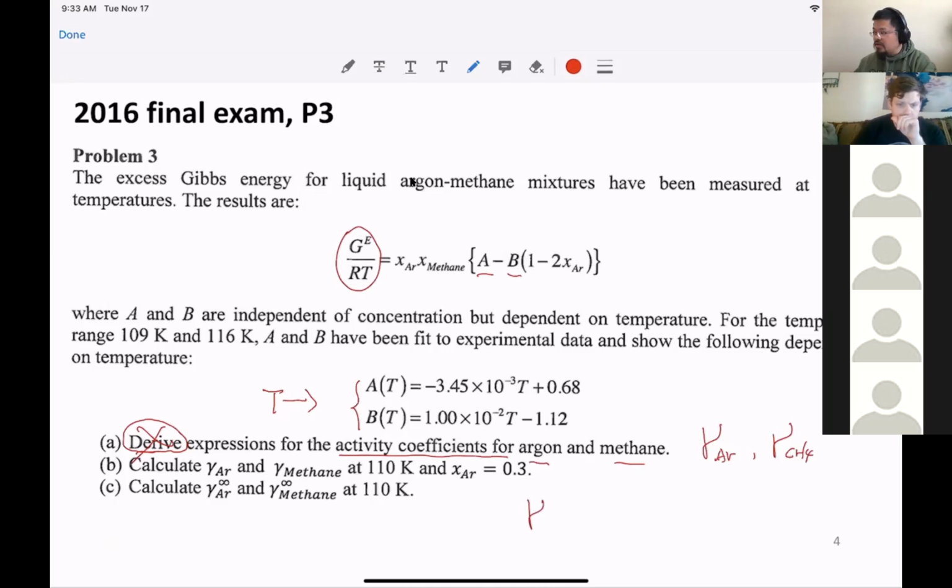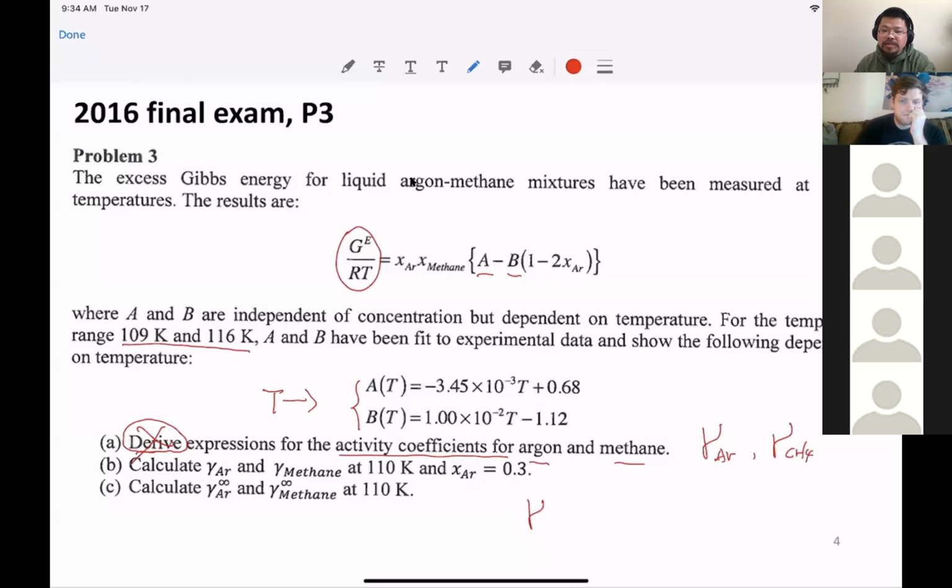Could I ask a question? Sure. In this case, would the temperature range be somewhat valuable, since we know it's a 7 Kelvin difference, or not really? The problem statement says that between the temperature range, A and B should be calculable using the two equations provided.